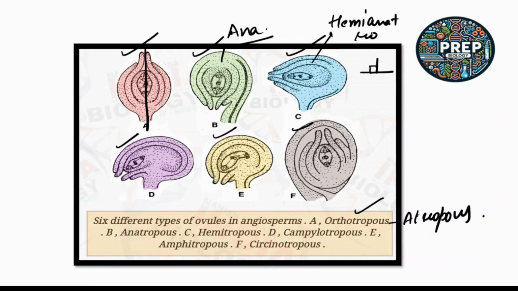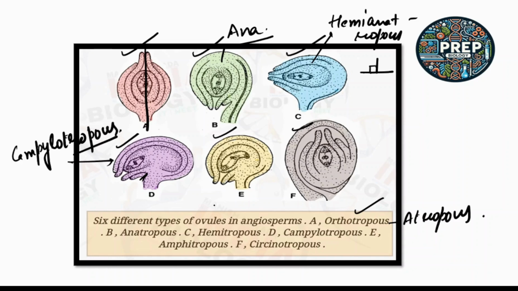Now, somewhat curved, and the connection between the micropyle and the chalaza is broken. What is this type of structure? That is campylotropous.